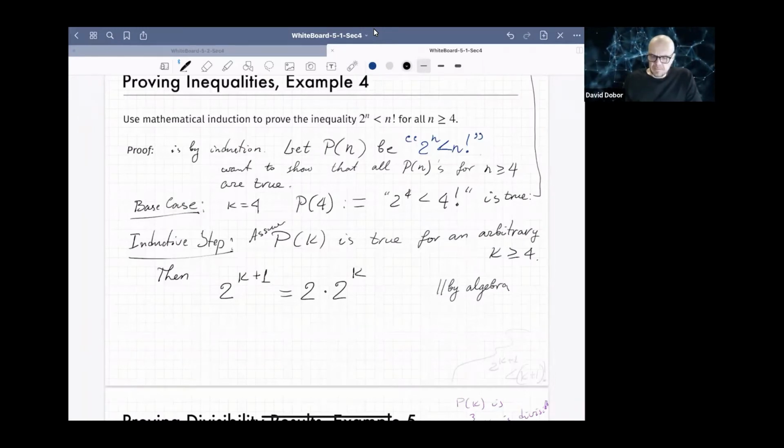2 times 2 to the k is less than or equal to 2 times k factorial, by the inductive hypothesis.